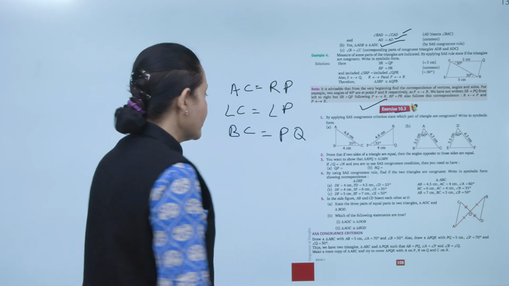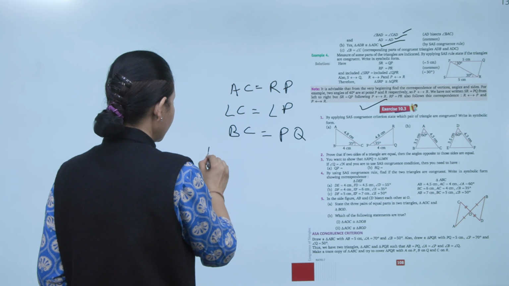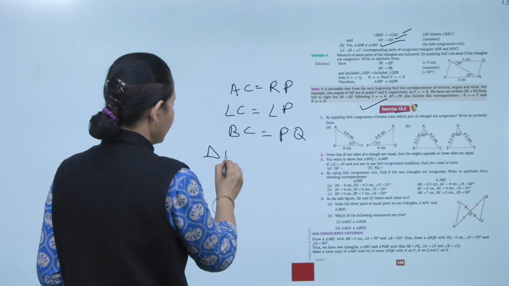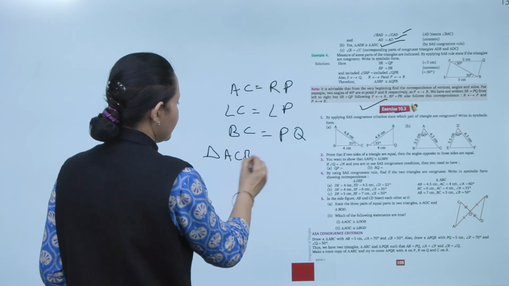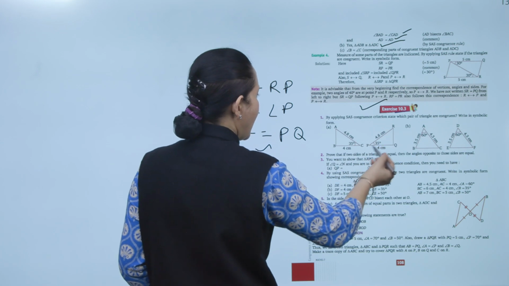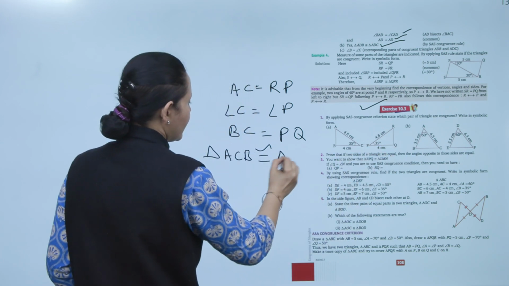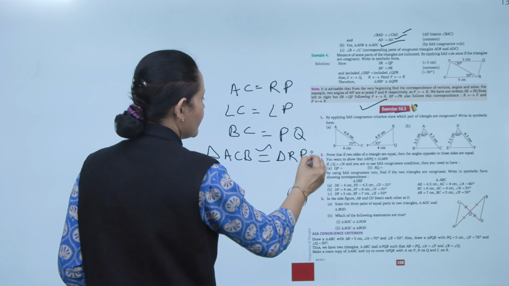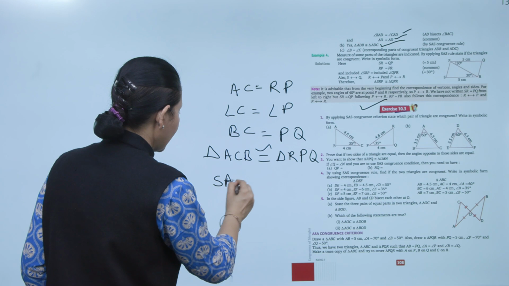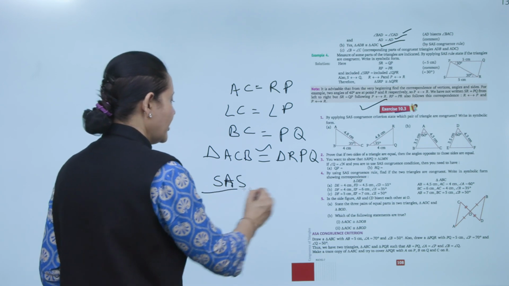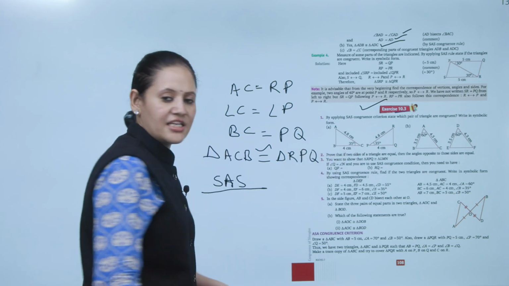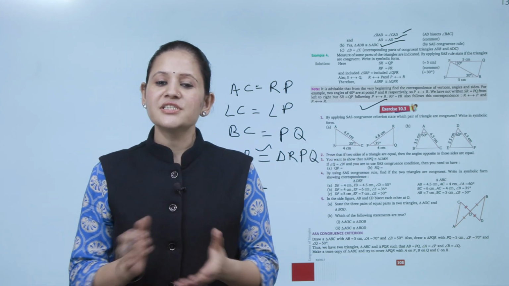Clear? So, now we can say triangle ACB is congruent to triangle RPQ by SAS congruency condition. Clear? Because two sides and the included angles are equal. So, practice all the questions of this exercise.